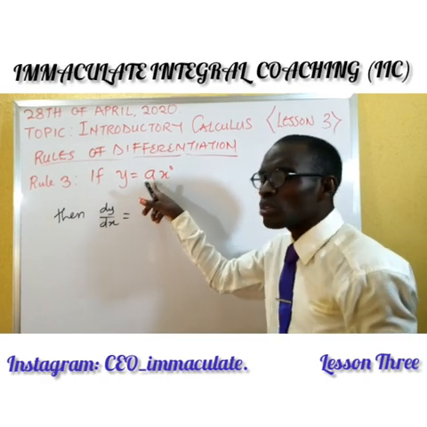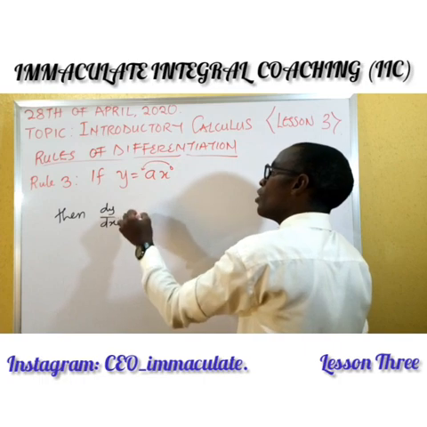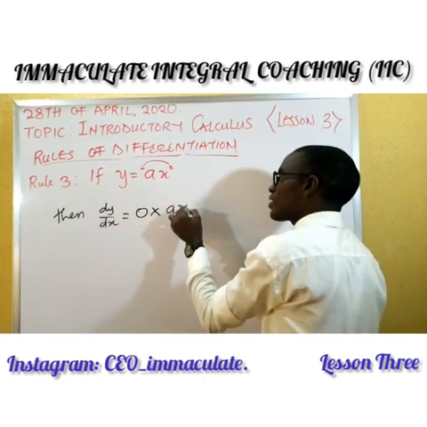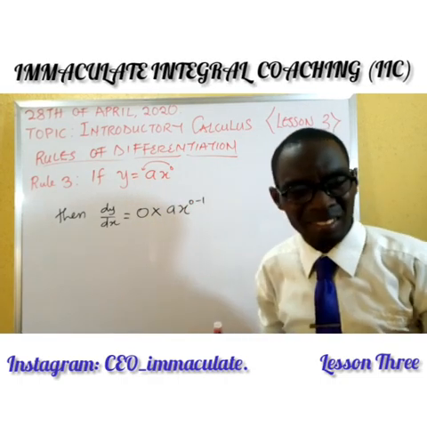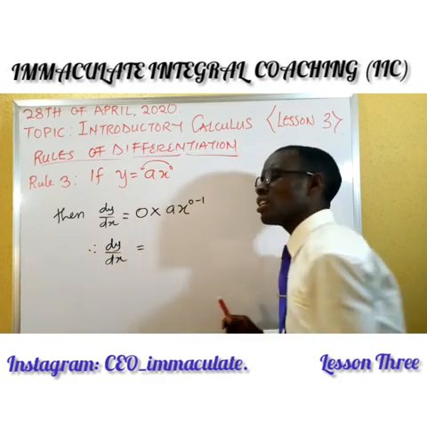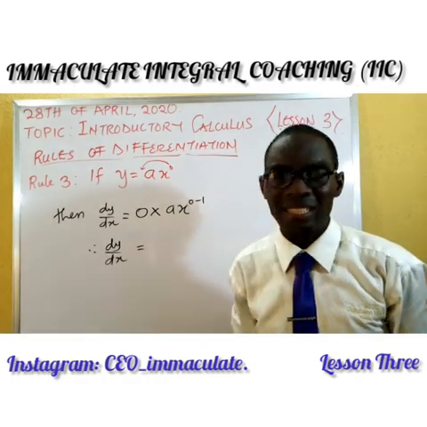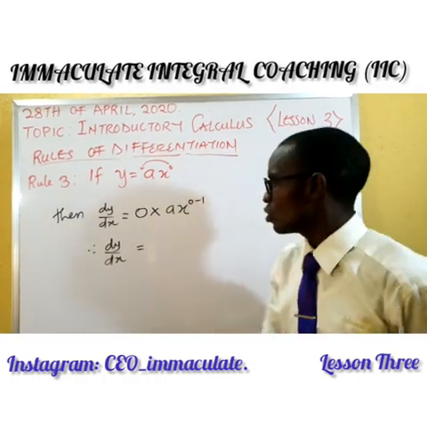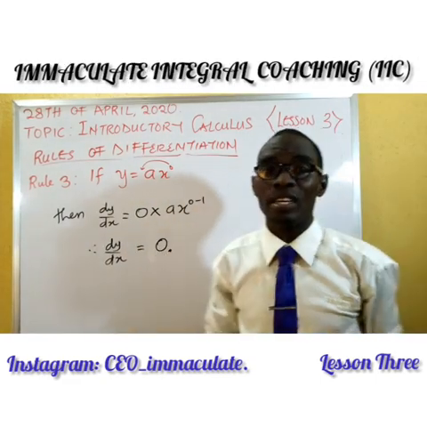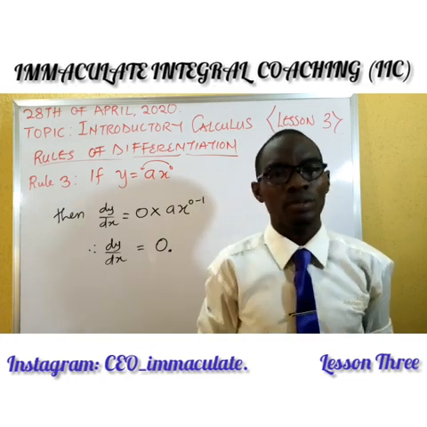What makes this equal to 0 is this 0 that will come down, to now be 0 times ax to the power 0 minus 1. No matter what, if you multiply 0 with anything, it will surely give you 0. So 0 times everything here is what? 0. This implies that differentiation of a constant must surely give us 0.